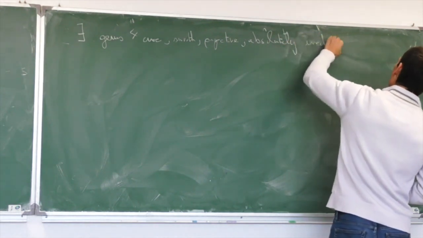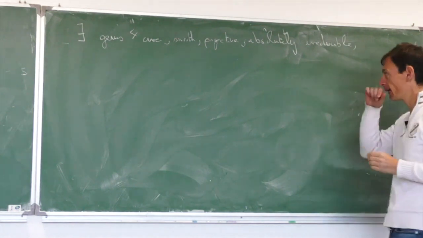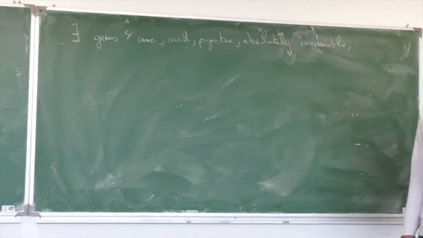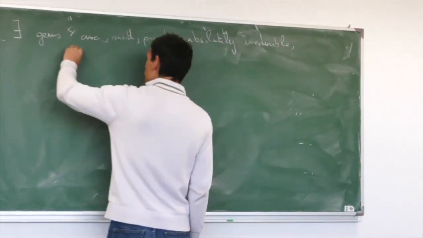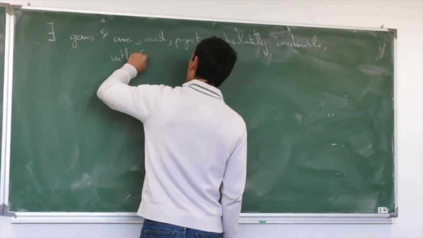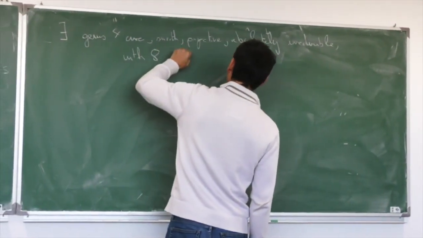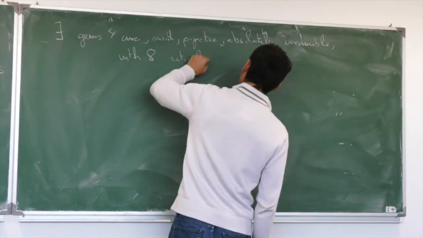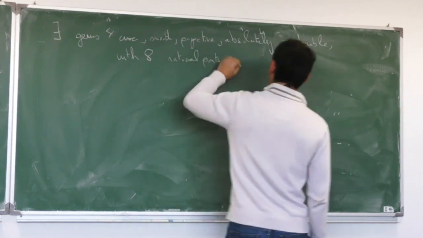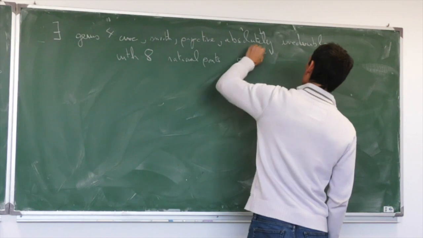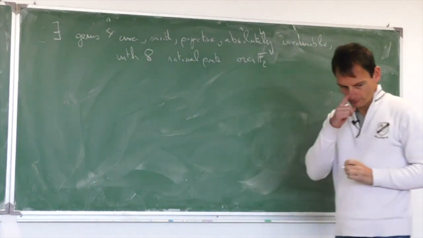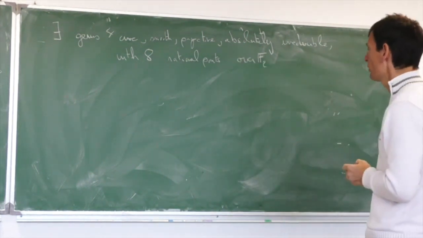I'm telling it, but it doesn't play a role. With 8 rational points over F2. And why is that a contradiction first?